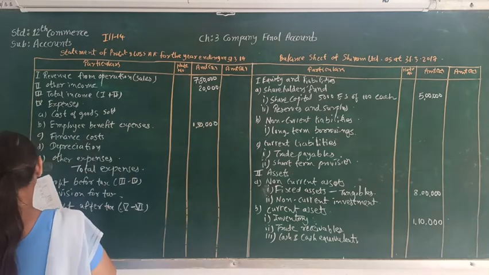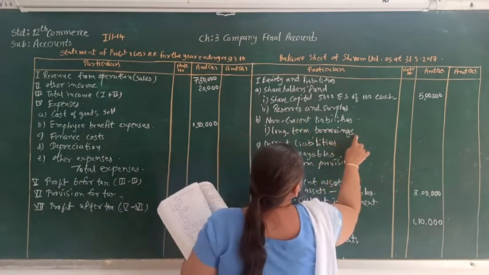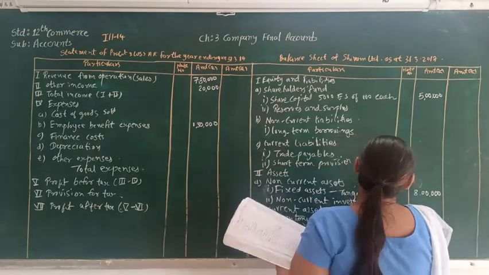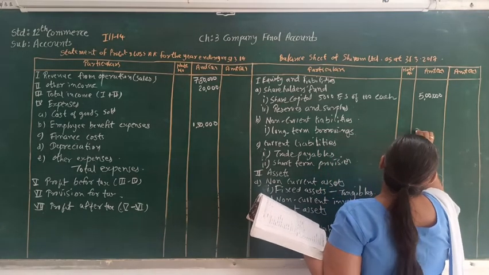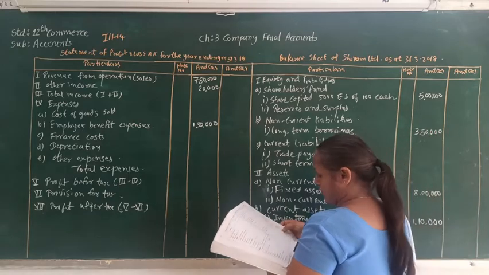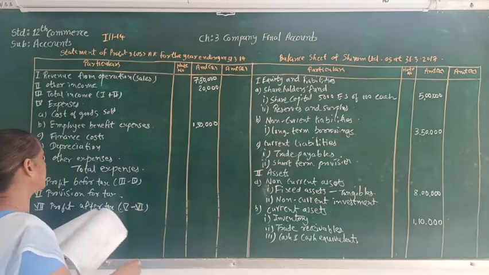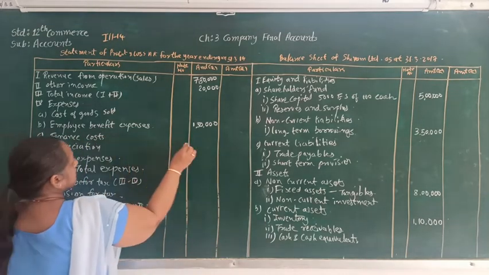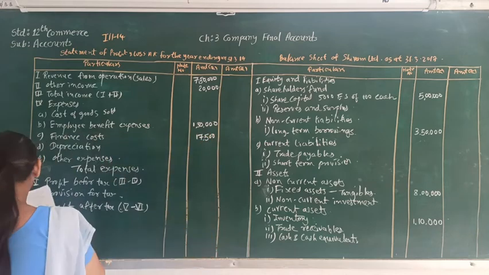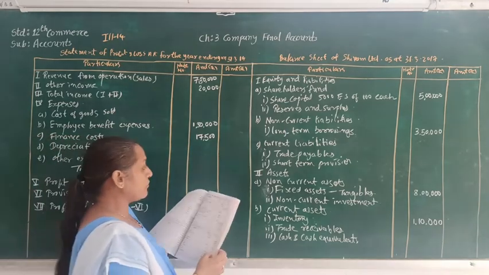And after that, long-term borrowing is supposed to be written over here, and the amount of long-term borrowing is 3,50,000. After long-term borrowing, another expense is finance cost, and finance cost is 17,500.